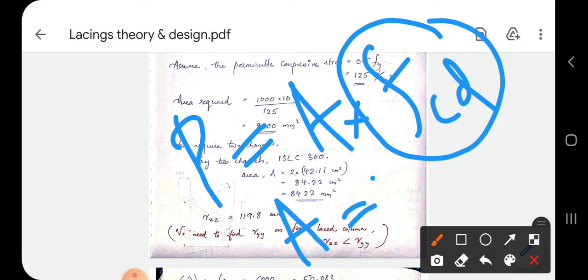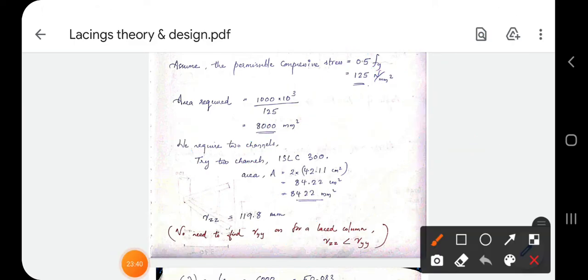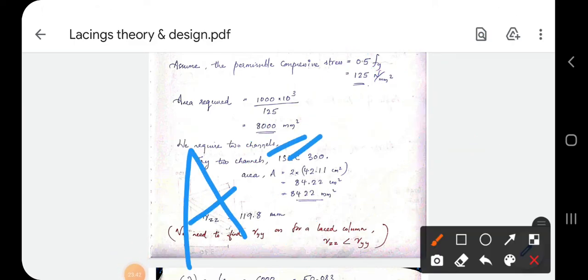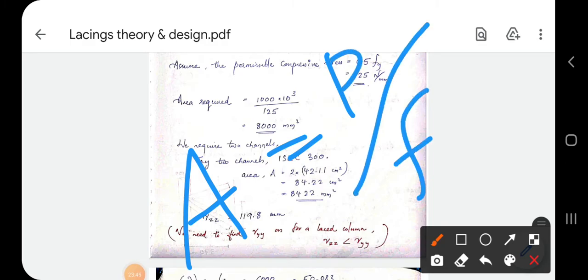We have to find an area which can satisfy the factored load and the stress developed. So here area is equal to P by allowable compressive stress.